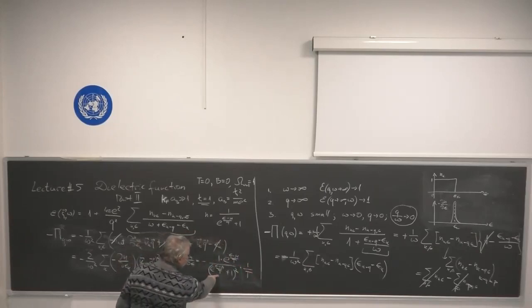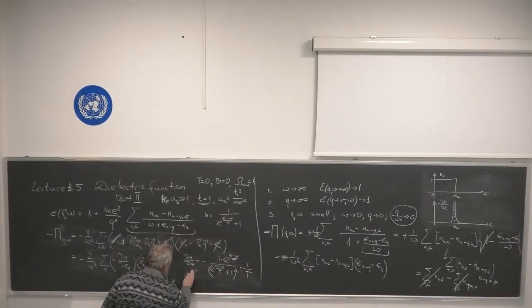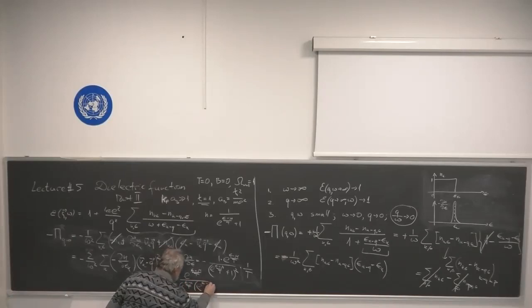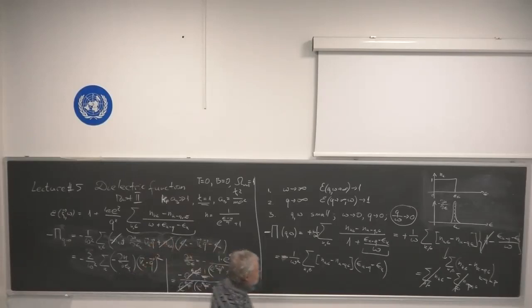Let me take e to the power (epsilon minus mu) over 2 temperature out of the bracket. So what I have here is e to the power (epsilon minus mu) over temperature divided by the bracket e to the power (epsilon minus mu) over temperature plus e to the power minus (epsilon minus mu) over temperature, squared. There is a minus and there is 1 over temperature, so this term cancels out.